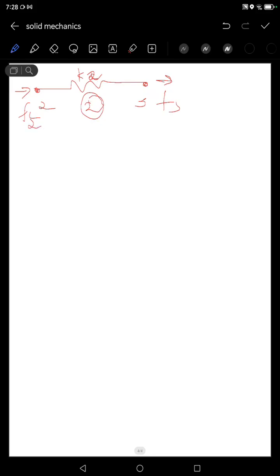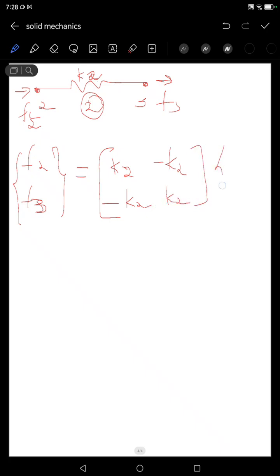Here our matrix is going to be F2 and then F3, and then the global stiffness is going to be K2, minus K2, minus K2, and then K2. On displacement we have 2 and 3, so we have U2 and U3. Okay, so we are done with the first step.